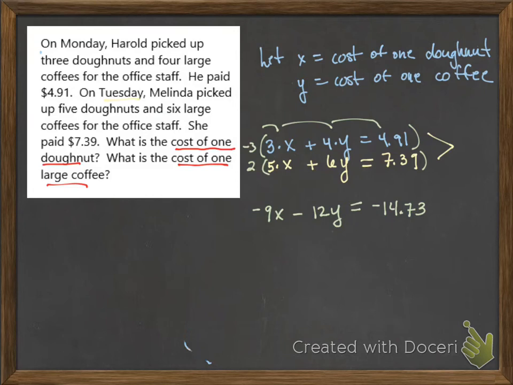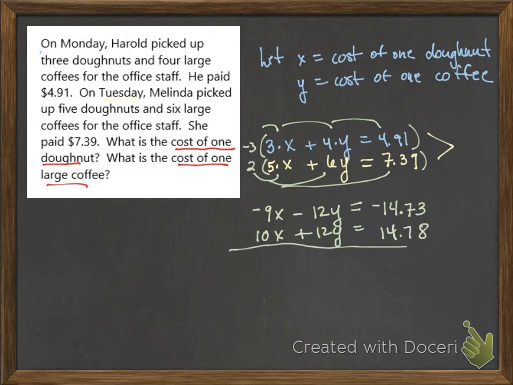Now if I multiply the bottom one by 2, so I multiply all the terms by 2, I get +10x, +12y equals 1478.